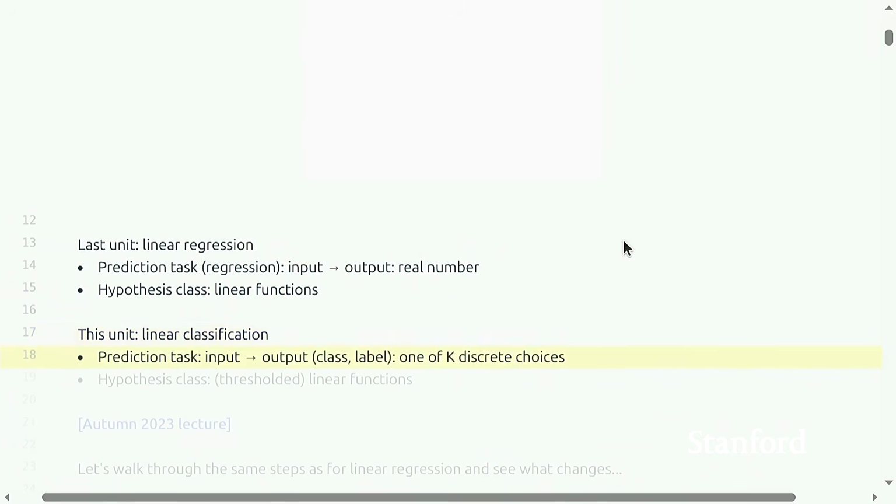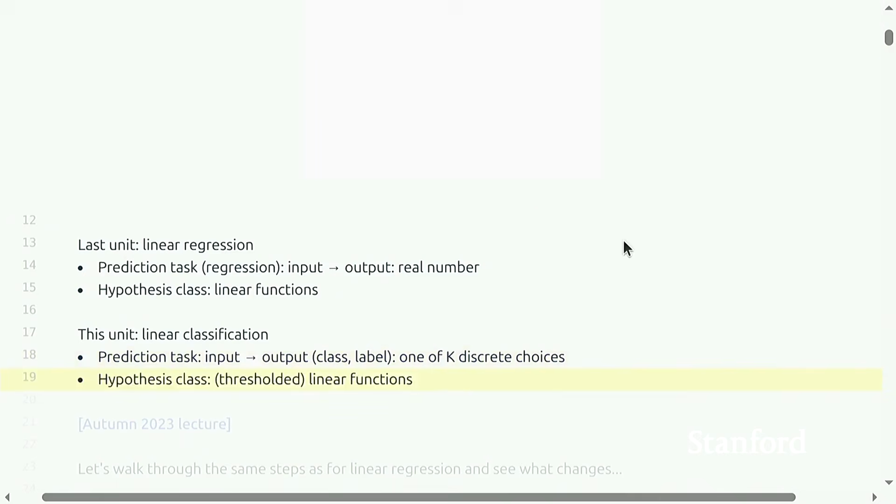Classification means the prediction task is taking some input and producing an output which is no longer a real value number, but a discrete choice, otherwise known as a class or a label. It's usually one of k things, where k might be 2 or 5 or even 1,000.